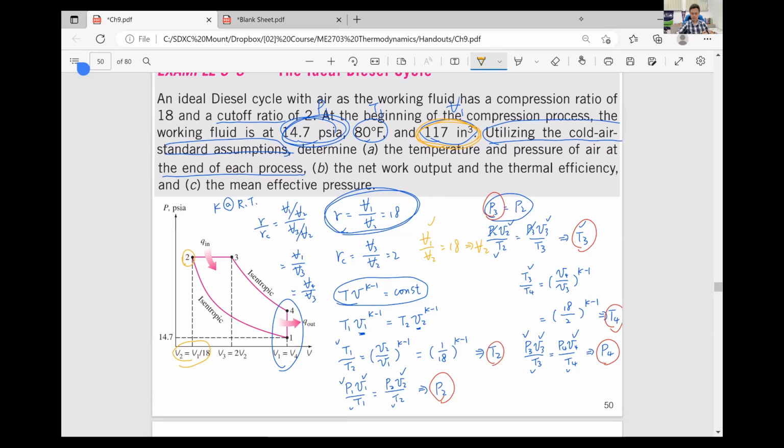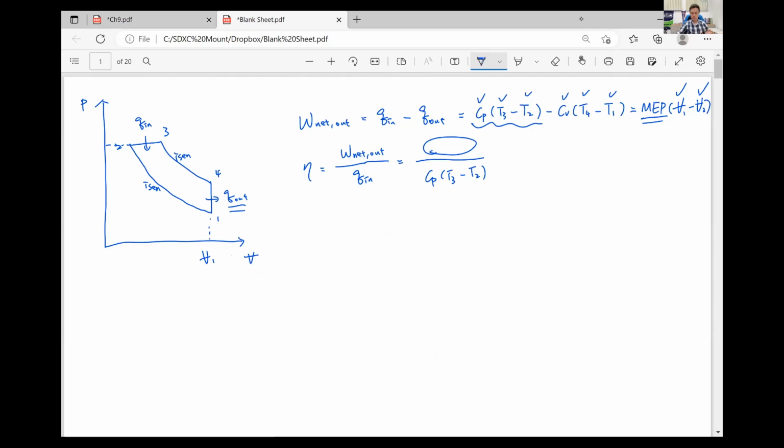And can you show us how to find the mean effective pressure again a bit, Professor? MEP is defined by the net work output over the maximum volume minus the minimum volume, which is the displacement volume. MEP times V1 minus V2, and V1 is given. The compression ratio, which is V1 over V2, is given.